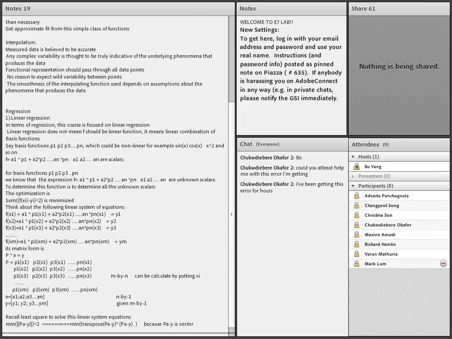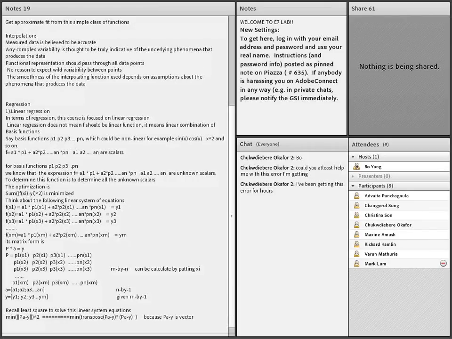This vector minus y is also an m by 1 vector. The square of its norm is just the transpose of this vector multiplied by itself. So we can prove these two minimizations are equivalent.